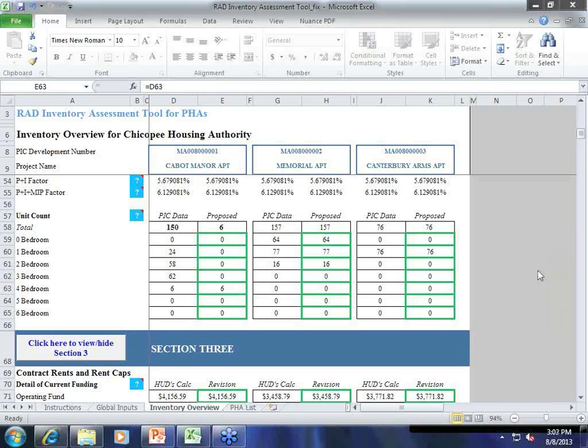So, taking one step back on your question, the original notice said it had to be placed in service before October 2002 if you're a HOPE 6 site to be eligible for RAD. The revised notice makes that 10-year-old date dynamic. So you have to be more than 10 years old at the date of application. So by now it's 2003.